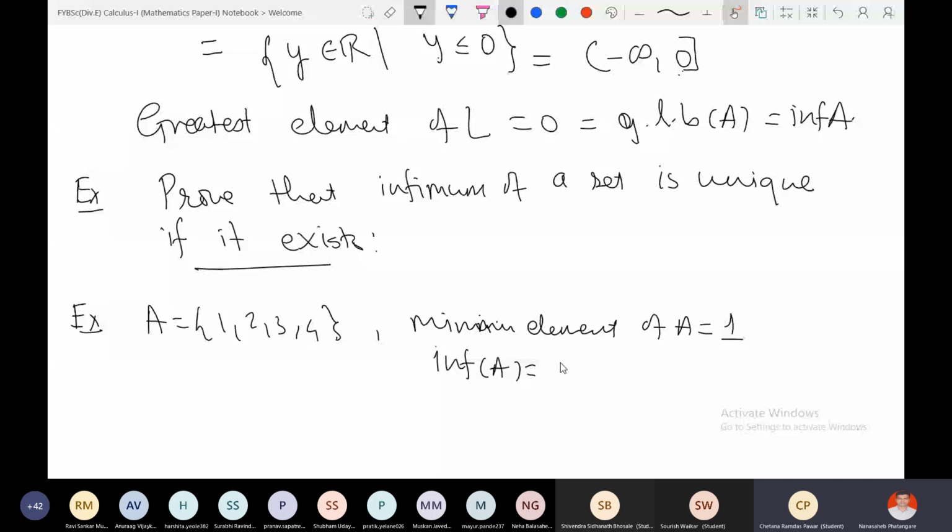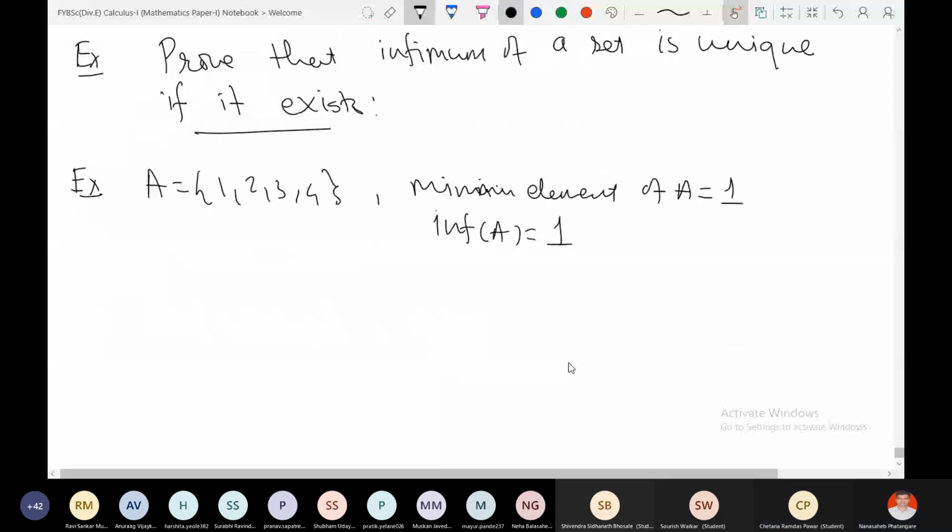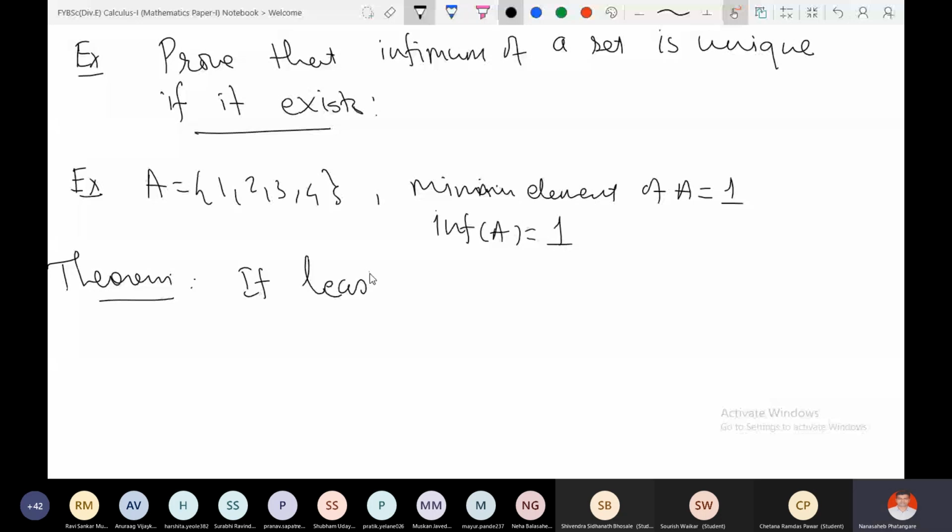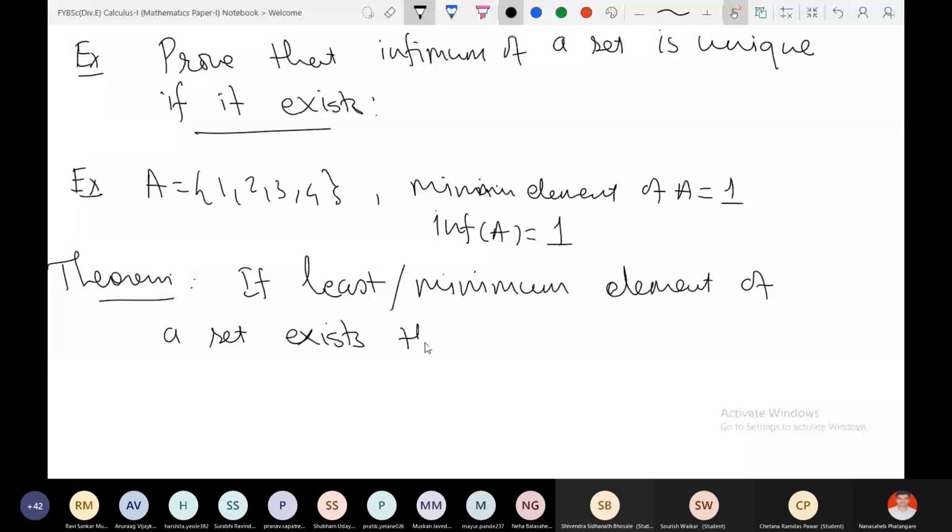That is easy to observe for this particular set, and therefore what is my general statement? If the least or minimum element of a set exists, then it is the infimum of the set.